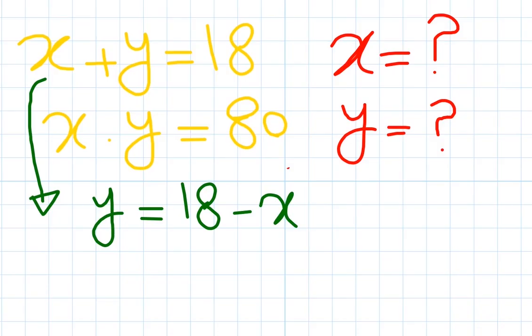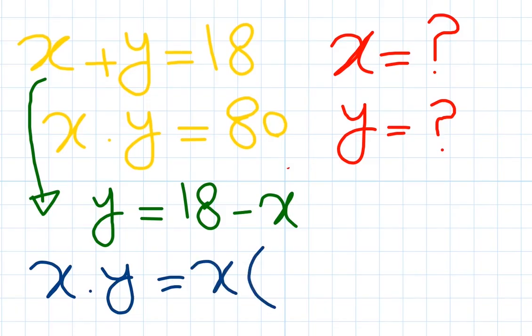Because in the second equation, where I have the product, I will substitute 18 minus x for y. So I will use this technique. Therefore, the product x times y will now be written as x, meaning I will write 18 minus x instead of y.